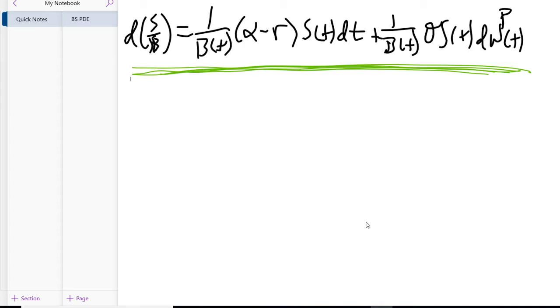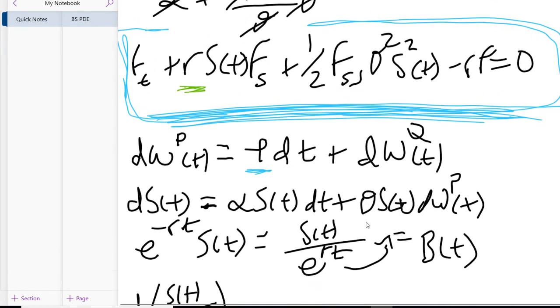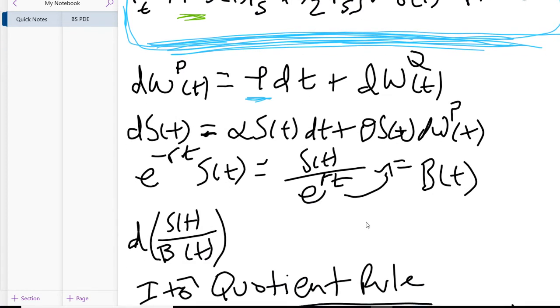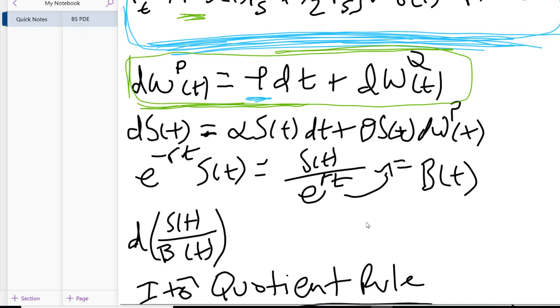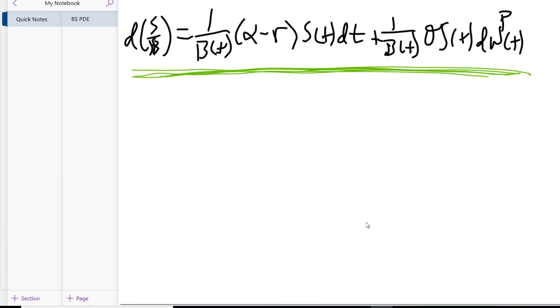Now is when we're going to invoke that Girsanov result, that the Wiener increment can be rewritten as such. So invoking this, I'm just going to show you how this term would be rewritten.